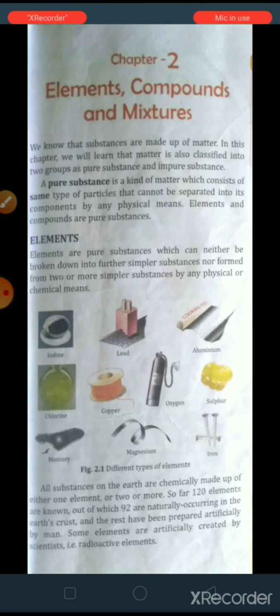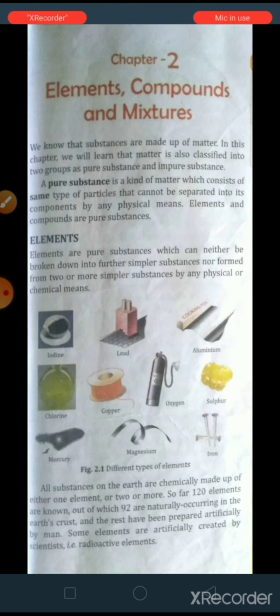This element we can't break down into further simpler substances, as well as we can't form the element from two or more simpler substances by any physical or chemical process.